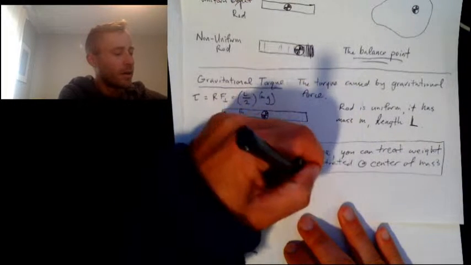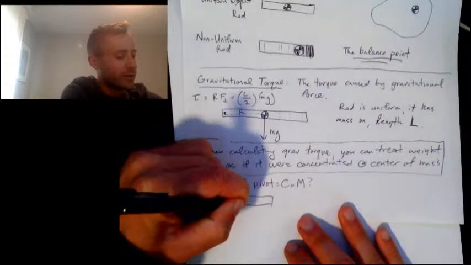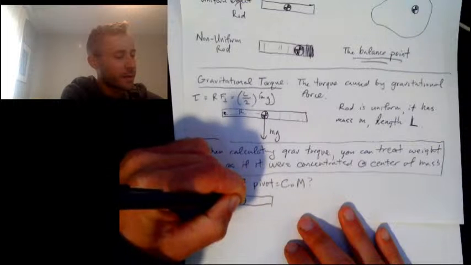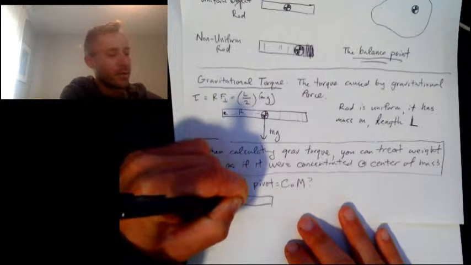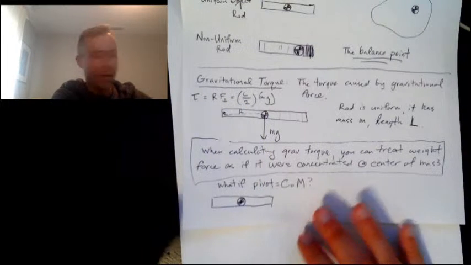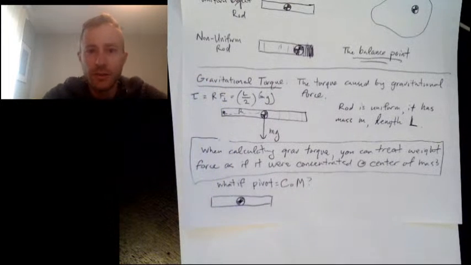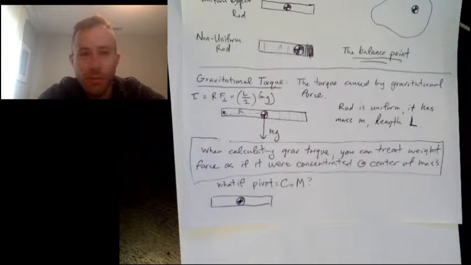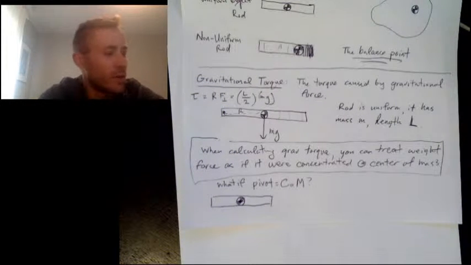In that case, here's the center of mass. Here's the pivot also. So what is the R value that we would use in that case? I'll wait for someone to type it into the chat. What is the R value that we would use if the pivot and the center of mass coincide with each other?